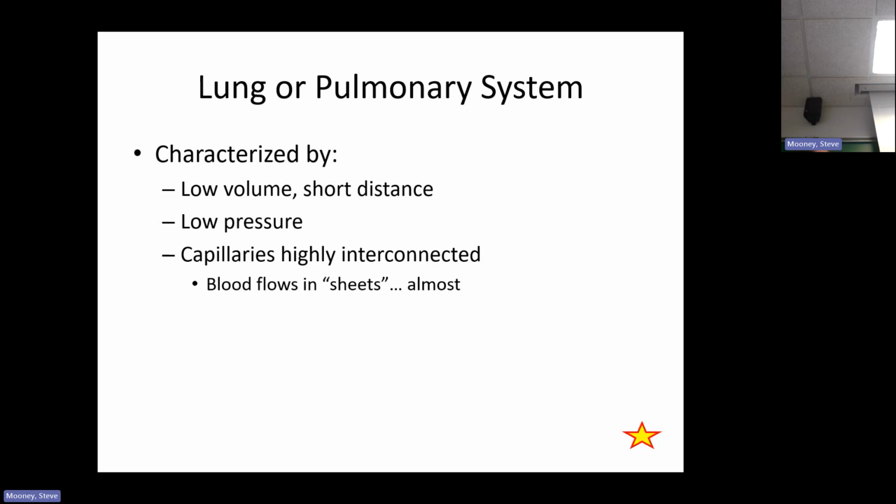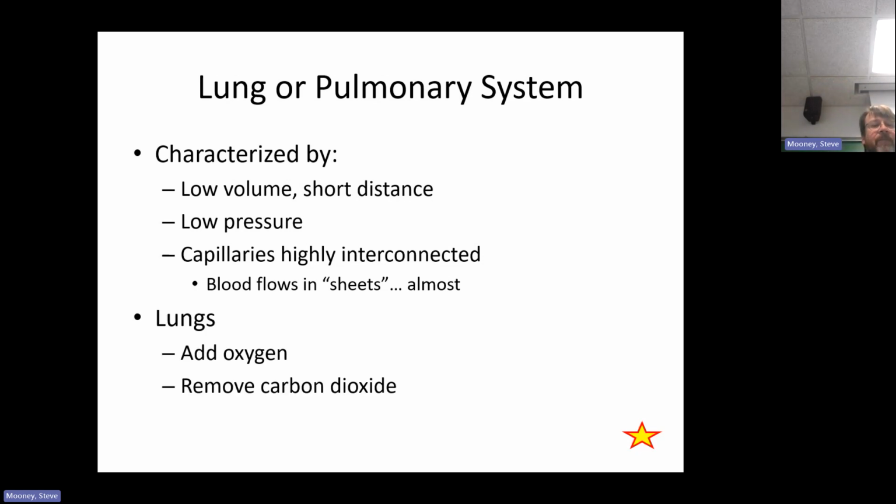We're increasing the surface area on that liquid. So you're looking at probably half a football field in your lungs, spreading that blood out over basically 1 red blood cell thick over a very large area. In the lungs, oxygen is added and carbon dioxide is removed. And we'll get more into that as we move forward.